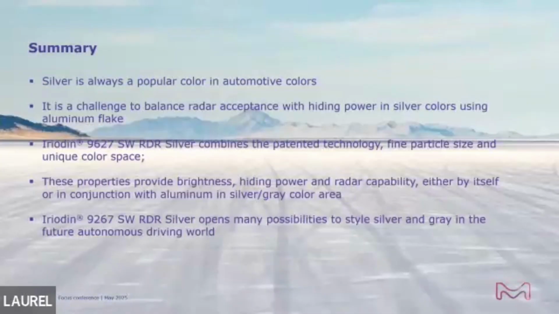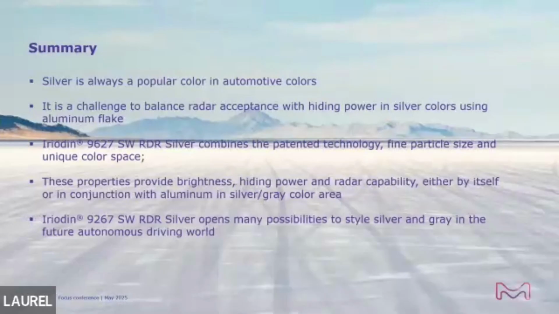That's my summary. Silver is always a popular color in the automotive world. It's always a challenge to balance radar permittivity versus hiding versus brightness. And 9627 with a small particle size can also give you a decent sparkle as well as hiding.